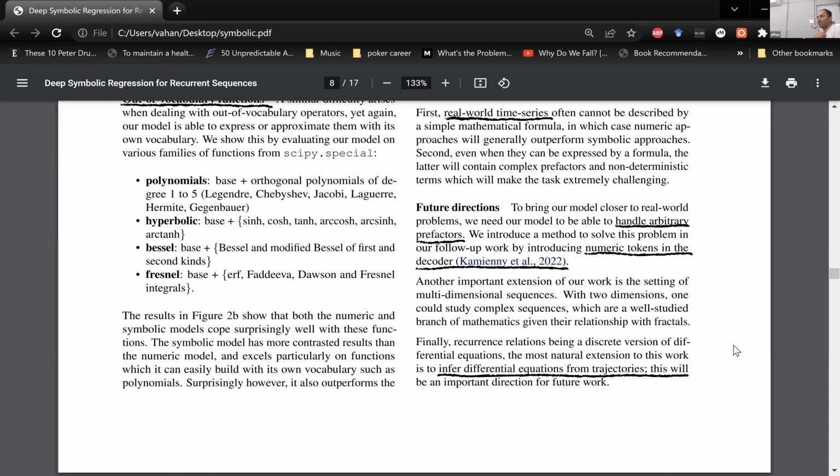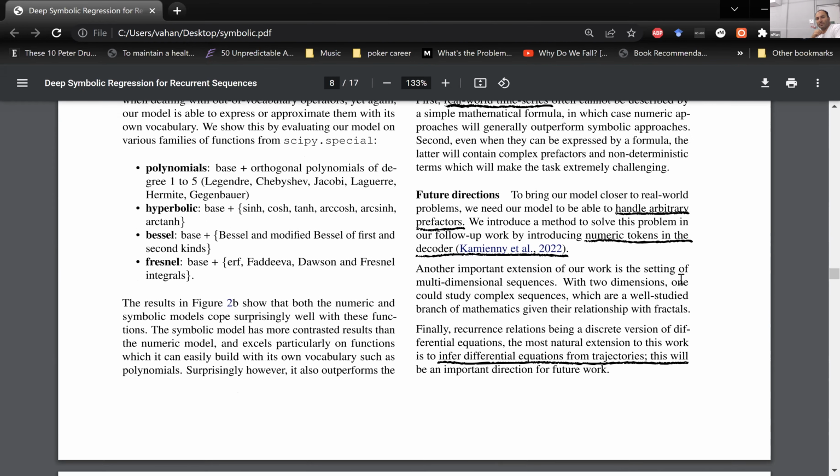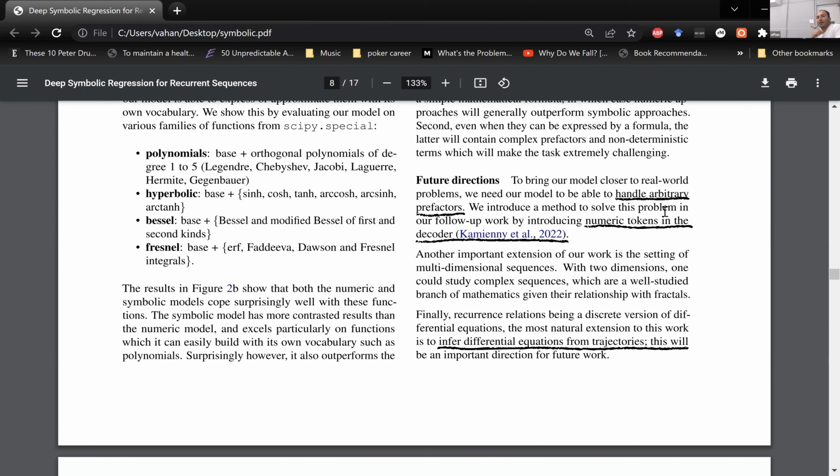They say the use cases include differential equations. For future work, yes, they're saying this. They mentioned two future directions. One is handling arbitrary prefactors, like multiplying by constants at the beginning, and they have a paper covering that part.